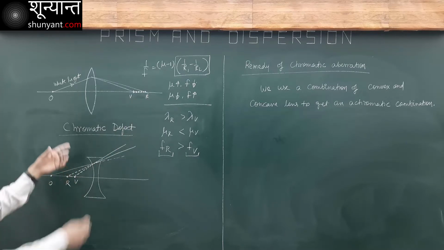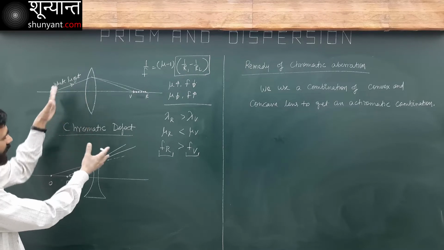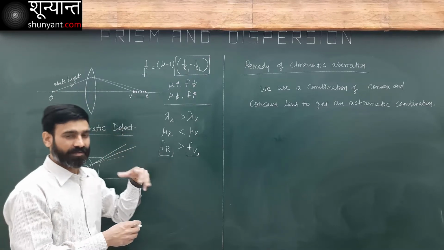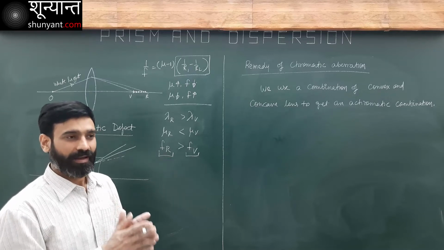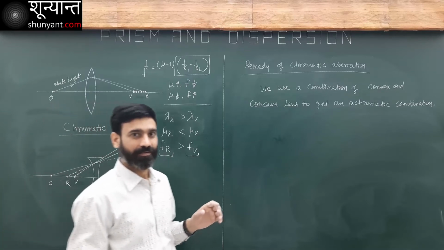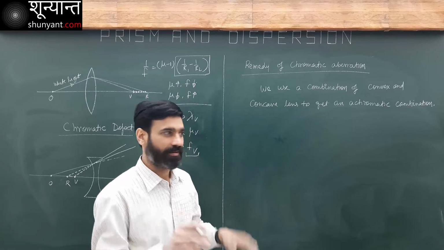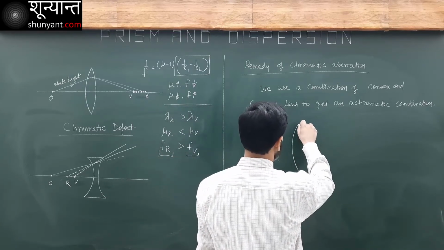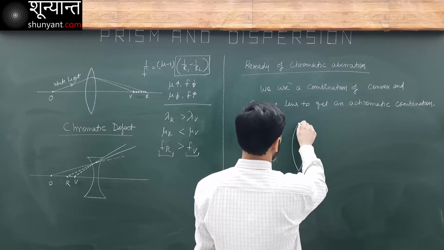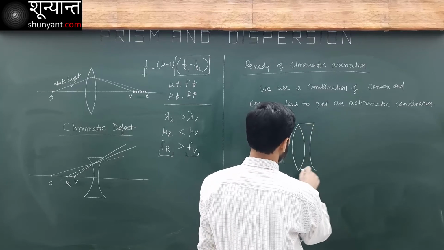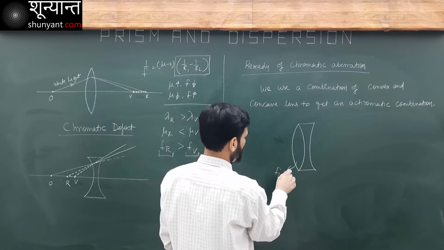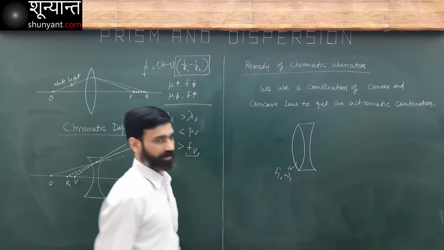So if I combine these two, this defect, this anomaly will be reduced, and under certain conditions it is totally corrected. So what we do is we use a combination of a convex lens and a concave lens. Let's say that this focal length is f1 and its dispersive power is omega 1.